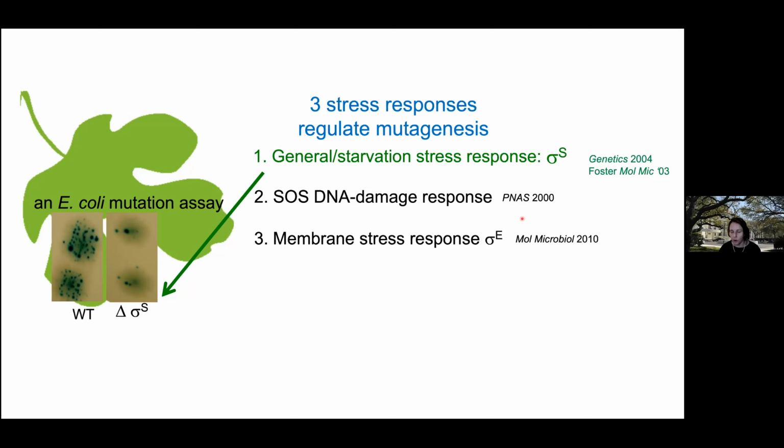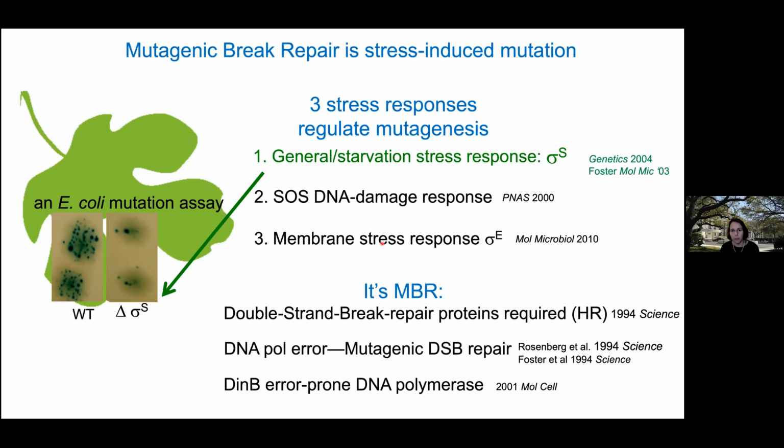We do a lot of controls that demonstrate it's mutagenesis and not some other problem of the cells. So because of that, I think it's okay for us to call mechanisms like this stress-induced mutagenesis, their definition being upregulated by stress responses.